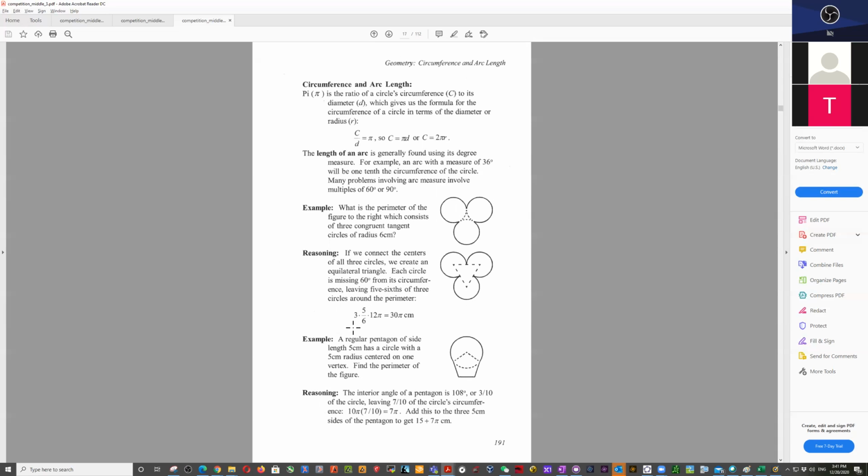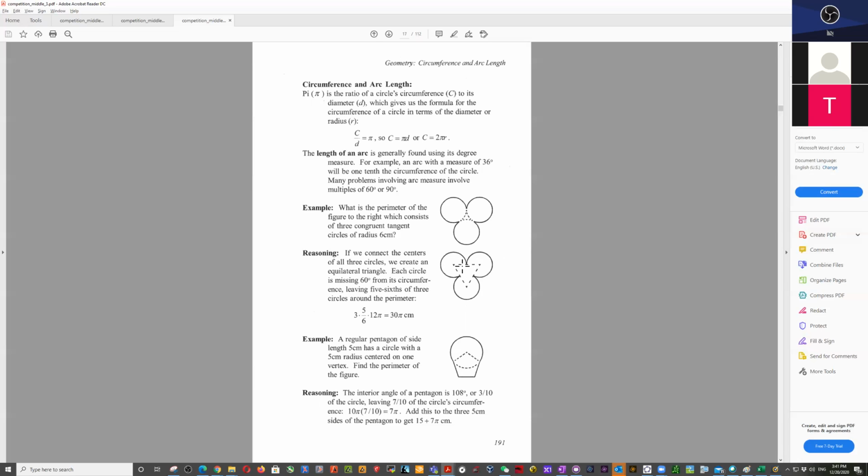And here, for example, we're trying to measure the perimeter of those 3 circles that are tangent to each other, not including the inside. What we do is draw an equilateral triangle.